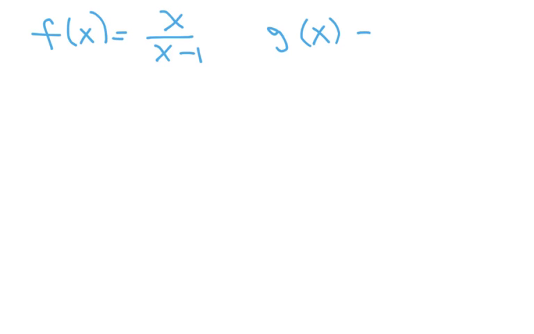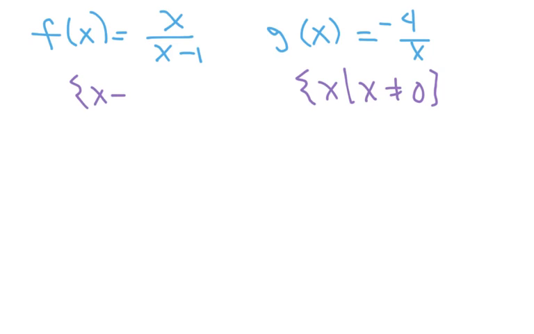Okay, 23 is f of x equals x over x minus 1, and g of x equals -4 over x. So here we know that x can't be 0, and here x cannot be 1.